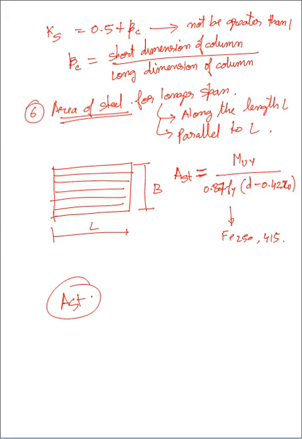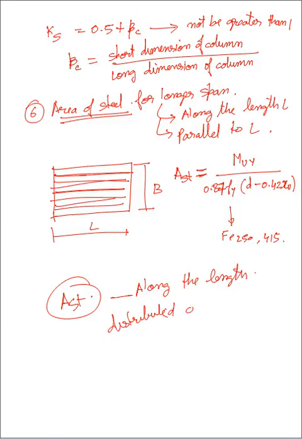Once you find the Ast, you place this reinforcement along the length, distributed over the entire width.